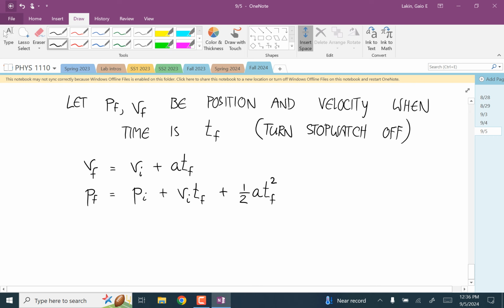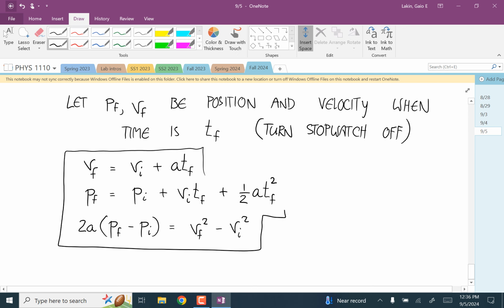And then the last one says 2 times a times the quantity p final minus p initial is equal to v final squared minus v initial squared. So these are the three constant acceleration equations.